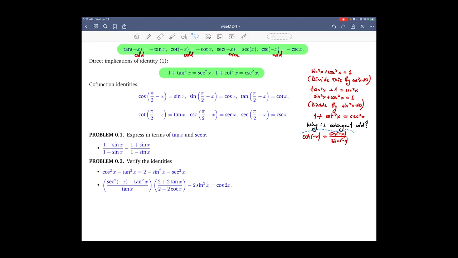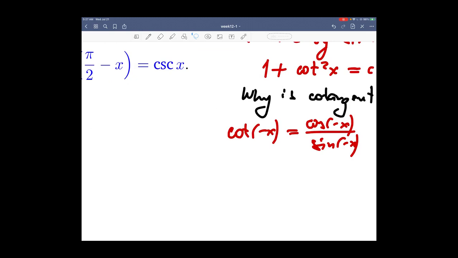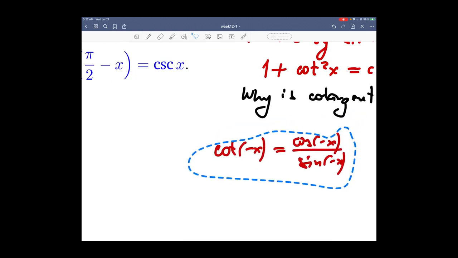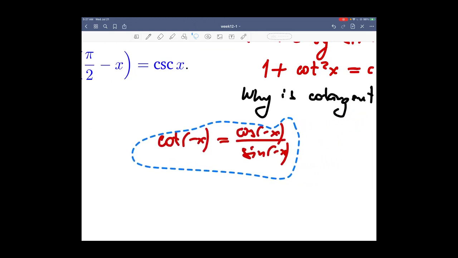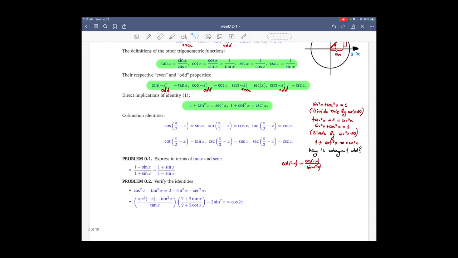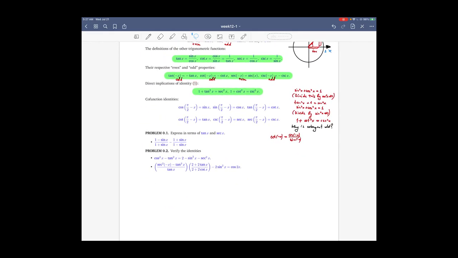And now we, of course, use the fact that cosine is even and sine is odd.